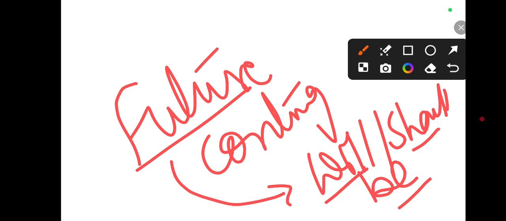So when to use future continuous? For the activity which will take place in future and will be continuing in future. So you will be calling, right? When you reach, then you will be calling, this way. That's very less used. I won't speak more here, otherwise you'll get confused, but this is the structure.